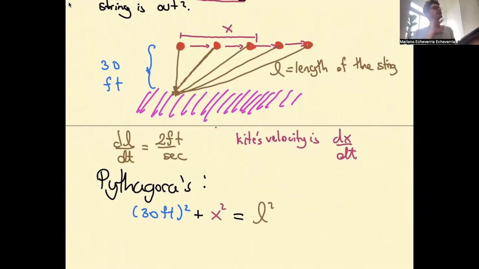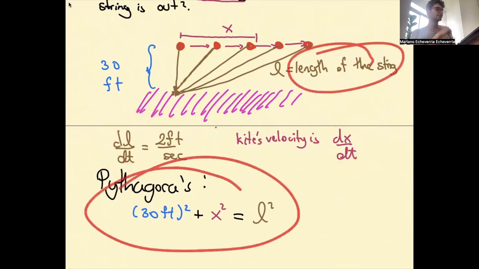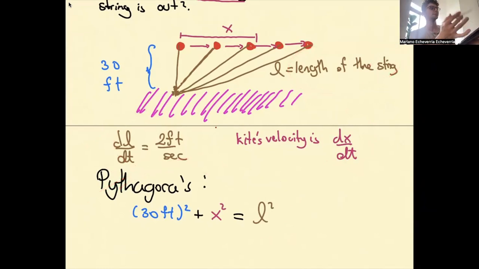And this is the key in all these problems about related rates or optimization. You always need to find a variable or an equation that relates the things that you care about. So we want dx/dt, but we don't have that much information about dx/dt, but we do have information about dL/dt. So we have to relate x with L. And the easiest way to relate them is using Pythagoras' theorem.